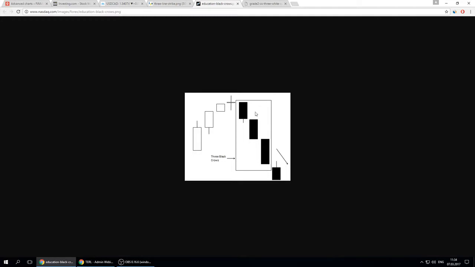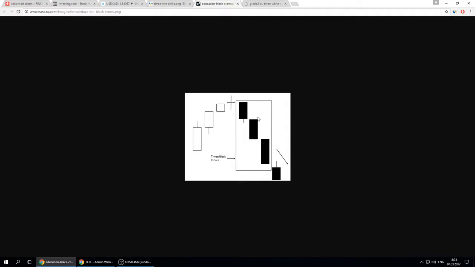It can end earlier, within the body of the previous one, but the close should be lower than the close of the previous candle. So we see here that all 3 of these candles correspond to the description.